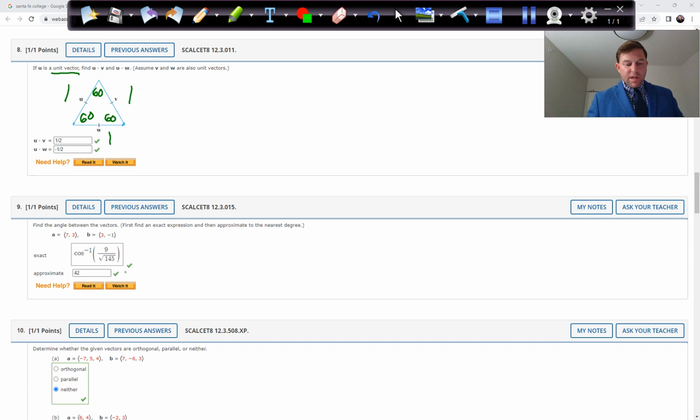Okay, so we know we're going to use the exact same formula, u dotted with v, and actually these are unit vectors, so I should use hats above them, not arrows. u dot v is going to equal magnitude u times magnitude v times the cosine of the angle between them. Their magnitudes are 1, so that's easy enough, 1 times 1.